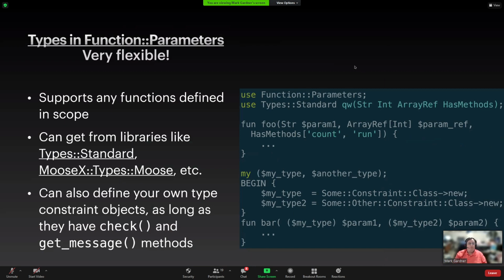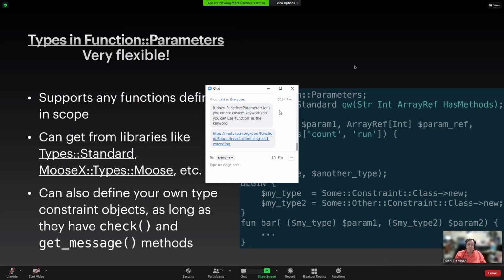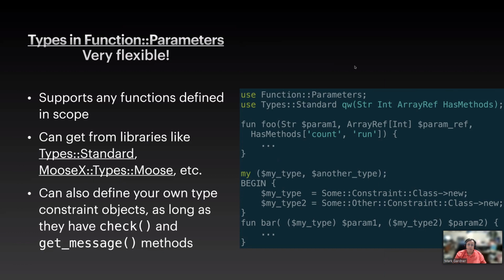And you have types. You can use the types that come with Type::Tiny in the Types::Standard module, or you can use MooseX::Types::Moose. You can define your own functions that do type constraints. You can define your own type constraint objects.